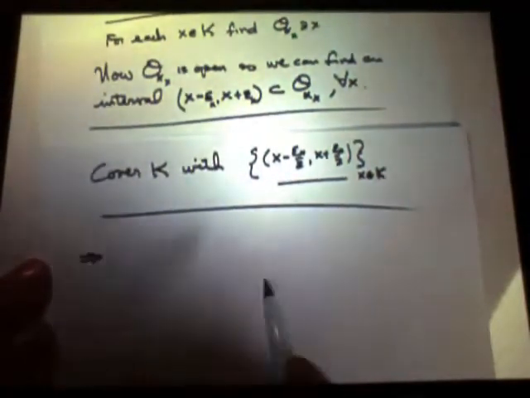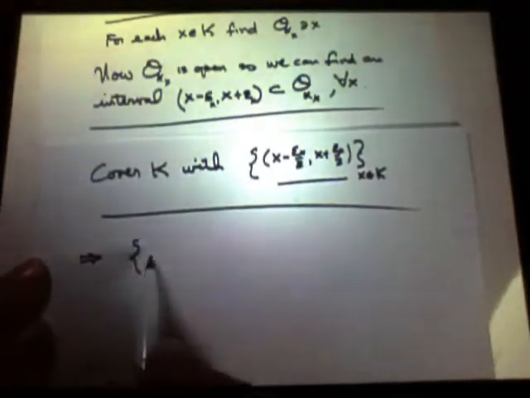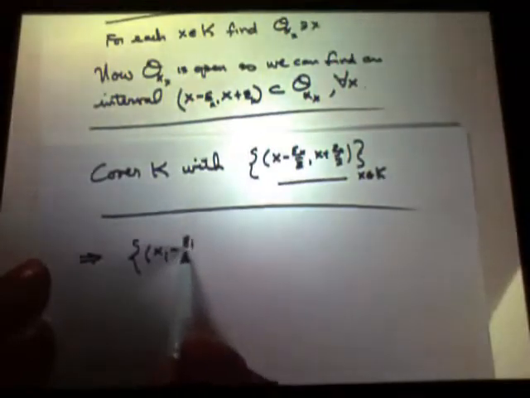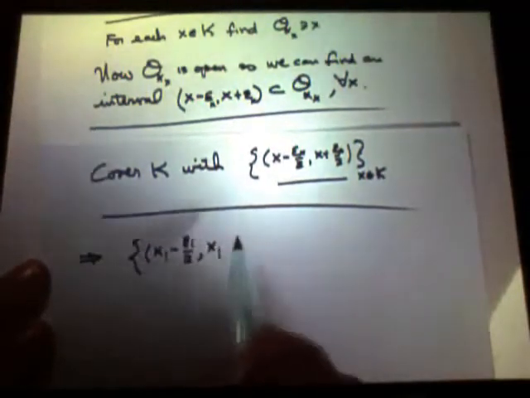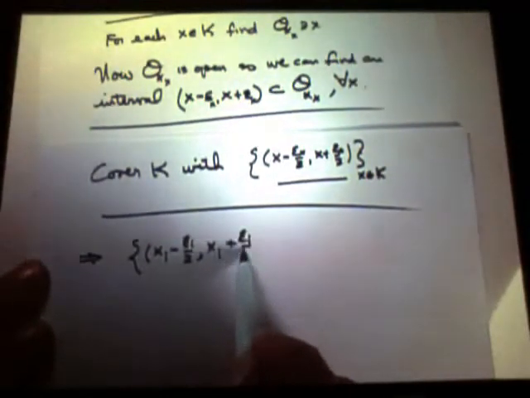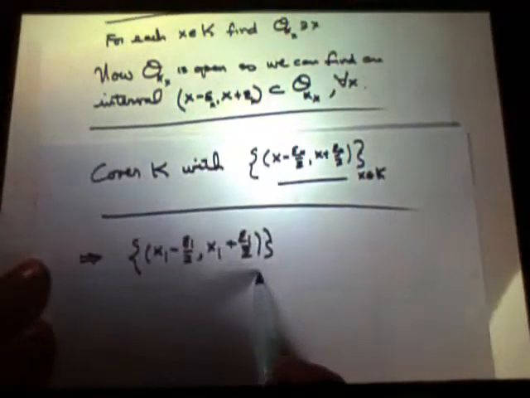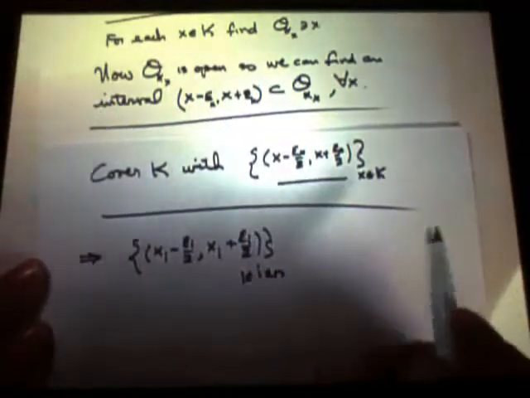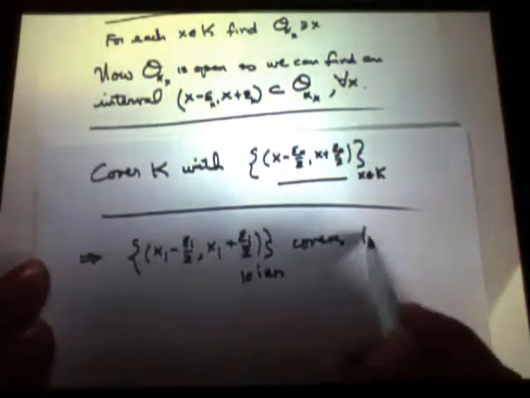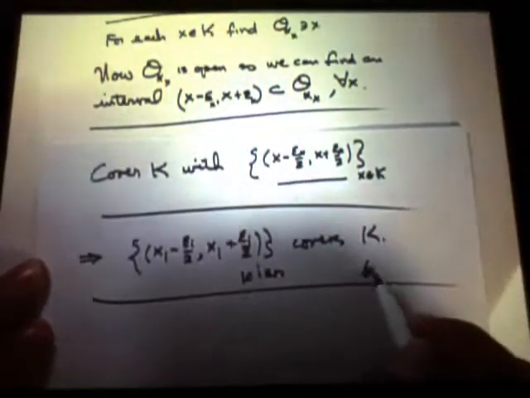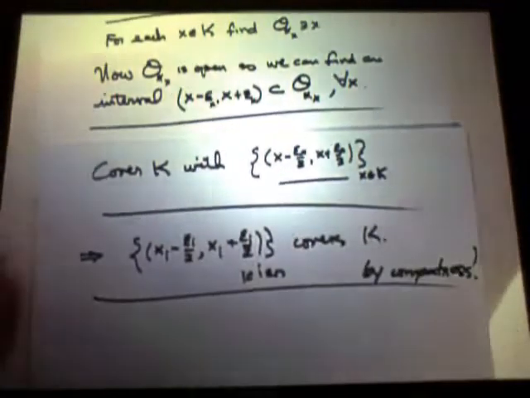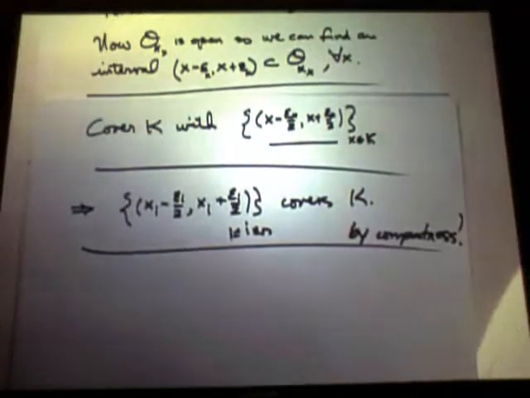That implies that there are x sub i minus epsilon i over 2, x sub i plus epsilon i over 2, i running from 1 to n, that covers K by compactness, right? So that's a huge benefit.